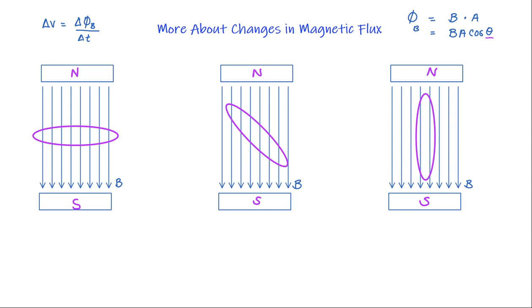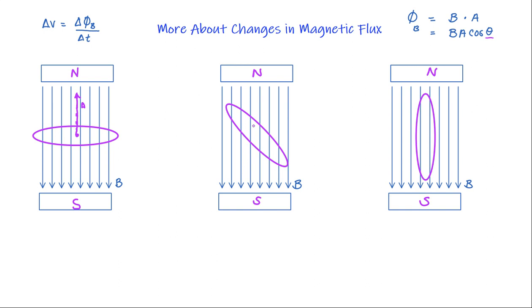Now, we have a loop. You can think of it as a hula hoop, and you can think of the blue lines as rain. Right now I'm going to say the hula hoop is facing upwards. I'm going to draw an arrow here, as a straight line, representing the direction of the area, so that the area is facing up like this.